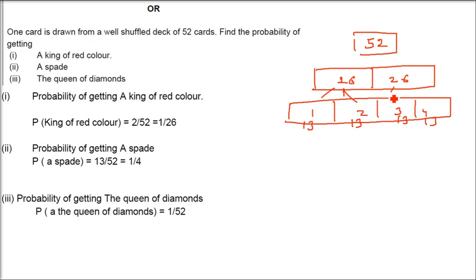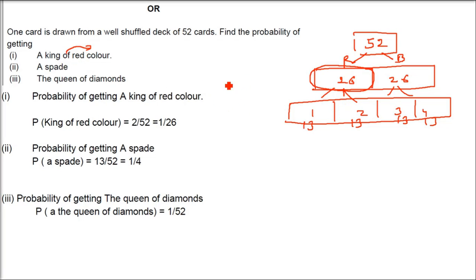So now the question is a king of red color. As I said, 26 are red and 26 are black. In this 26 red, there are more partitions of 13, 13. And all these 13, 13, 13, 13 partitions will have their own queen or king.